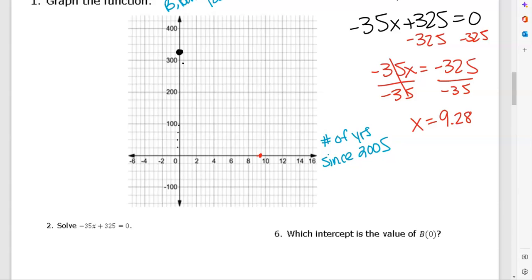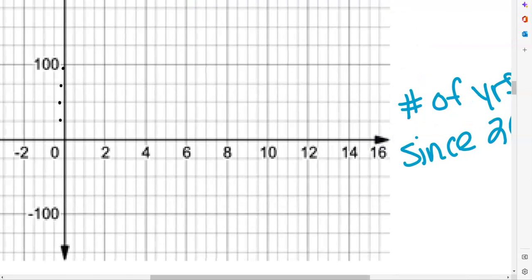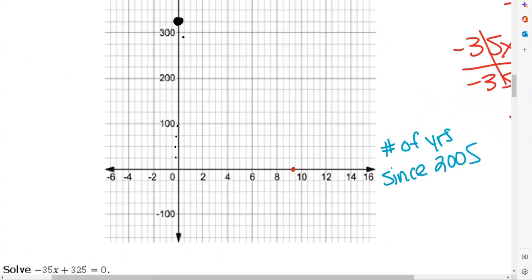Okay, so I'll show you. So looking at my x-axis, 8, 8.5, 9, 9.5, 10, right? So this is 9. This is 9.5. So we're going to do in between 9 and 9.5. So I'm going to put my dot right here. Like that.